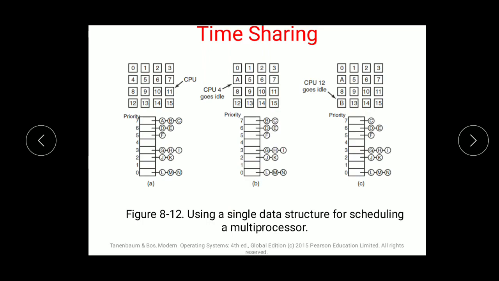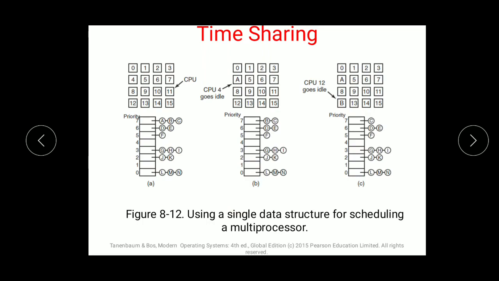CPU 6 first finishes its current work, which then locks the scheduling queue and selects the highest priority thread, A. If any of them lock, then the highest priority thread will get its position. CPU 10 goes idle and chooses thread B. So this is the relation between the thread and the priority for the time sharing system.